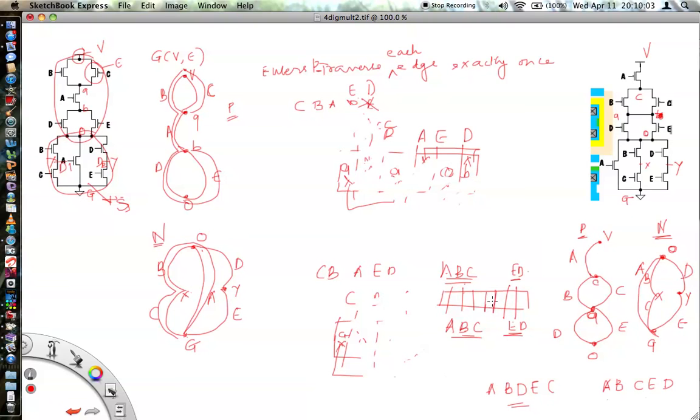And this is the jog. We will get a similar structure for N as well.